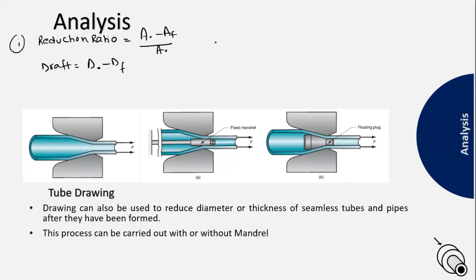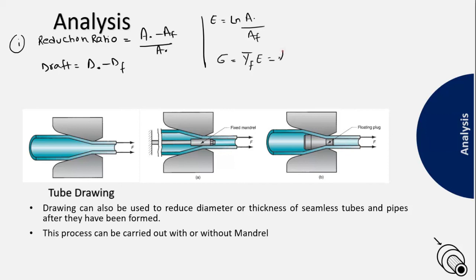Again, as in extrusion, we have the strain here. The value of strain would be equal to the natural log of initial area divided by the final cross section area, and based on this strain, the stress required would be equal to flow stress times the strain.